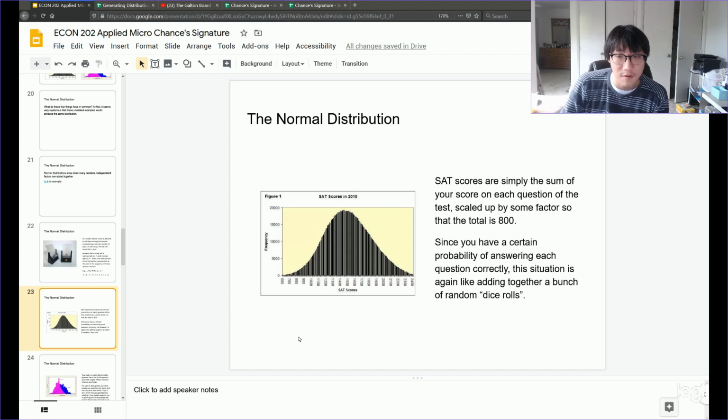It's the sum of your score on each individual question. And since you have a certain probability of answering each question correctly, this situation, again, is kind of like adding together a bunch of random dice rolls. Those dice rolls, in this case, representing the likelihood that you get a particular question on the SAT right.